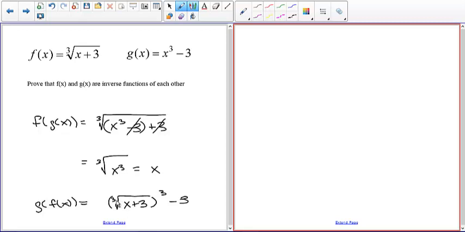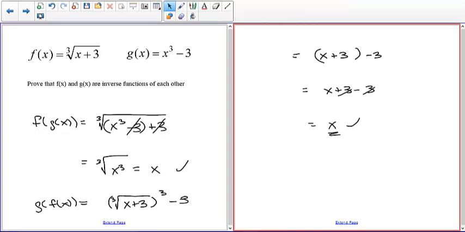So anything, the cube root of something, the cube of something cube rooted, is just whatever's inside there initially. So that becomes x plus 3. This just comes down unchanged. Remove the parentheses. This plus 3 minus 3 equals 0, and you get x. So check, check. Hence, these two functions are inverses of each other.